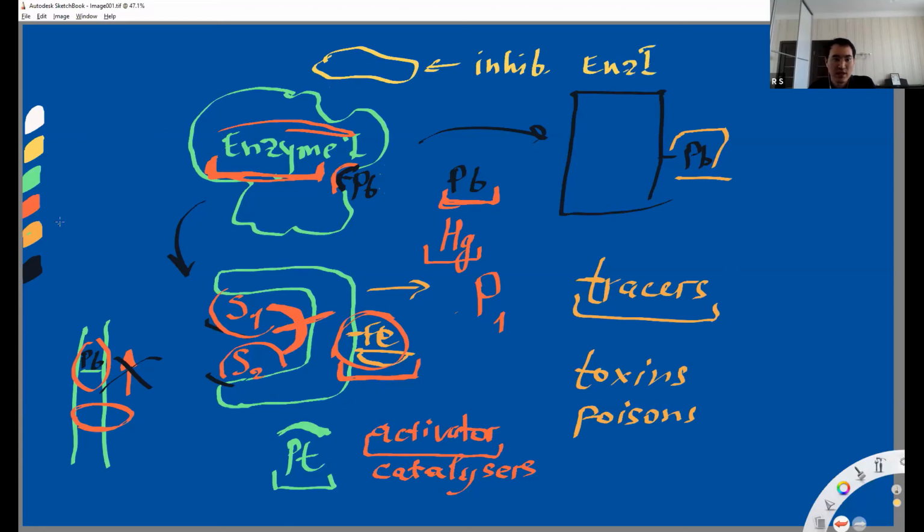Let's say it has an affinity to this place, and whenever it gets here, everything on the metal part of this enzyme is being detached. So this is called the inhibition. It doesn't mean that we poisoned the enzyme. It just means that we made it inactive again. So actually, inhibition is something in contrast to activation.